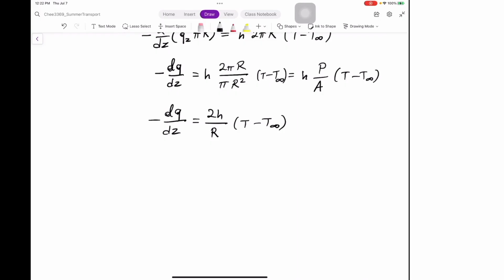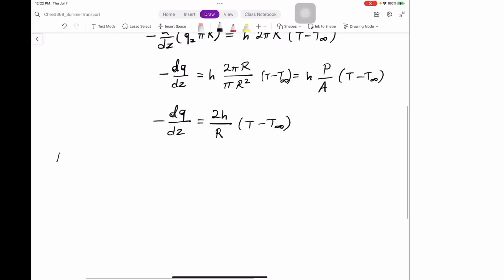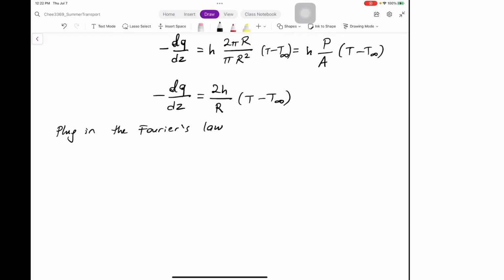So I should follow something similar to what we have done in the class. Now I'm going to write down Fourier's law, minus k dT over dz.